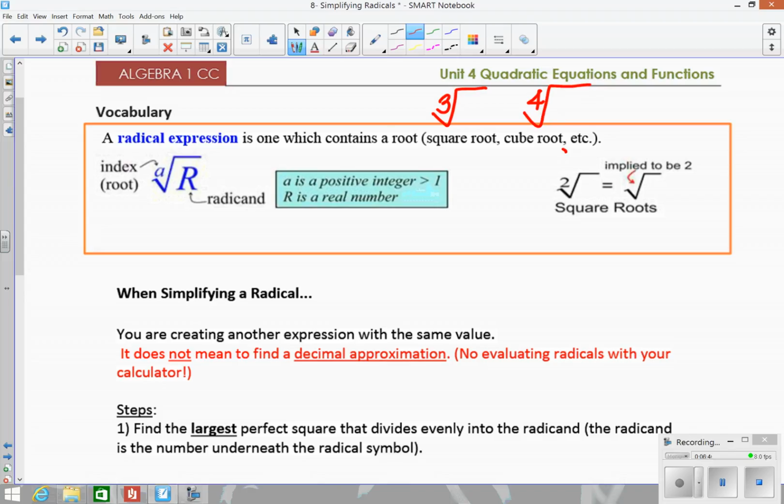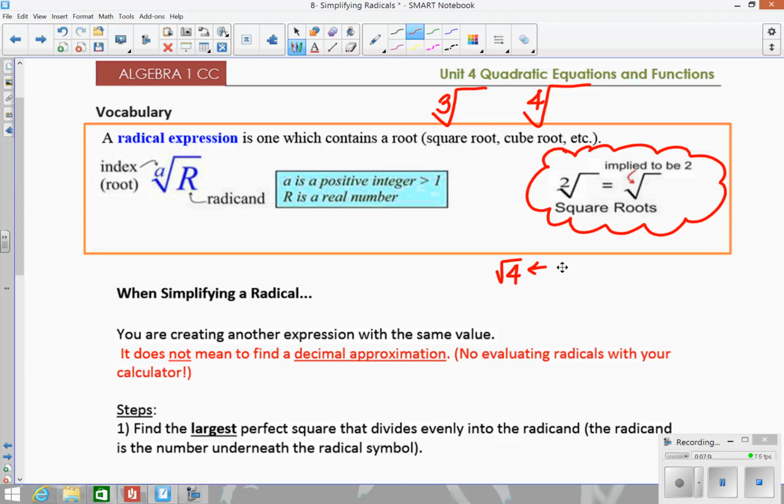But typically for this class, we're going to focus on square roots. Square roots really have an index of 2, but because it's the most common one, we don't write that index. We just use the square root symbol. This square root symbol is the same thing as saying radical. So if it were, let's say, square root of 4, I could call that radical 4.